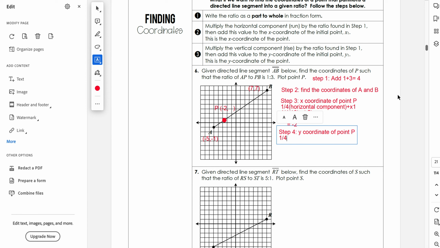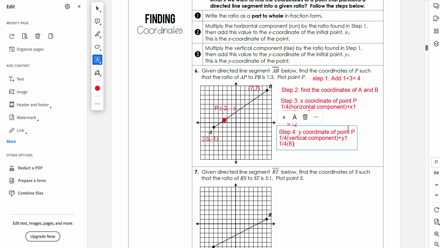So it'll be 1/4 times, and then this time it's going to be the vertical component, and then plus y sub 1. And so then 1/4 of the vertical component. So we know the vertical component is going to be, if you draw in your triangle, 1, 2, 3, 4, 5, 6, 7, 8.